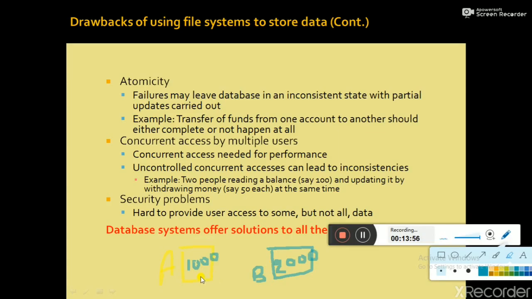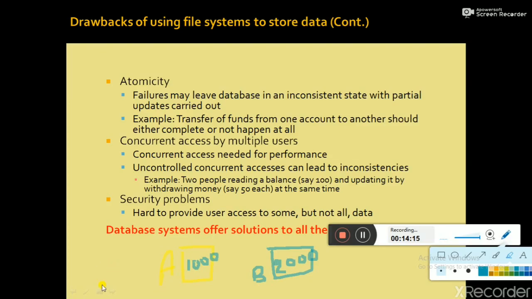So a customer has two accounts, A and B. In account A, he or she has 1,000 rupees, whereas in account B, he or she has 2,000 rupees. And suppose he wants to transfer 50 rupees from account A to account B.